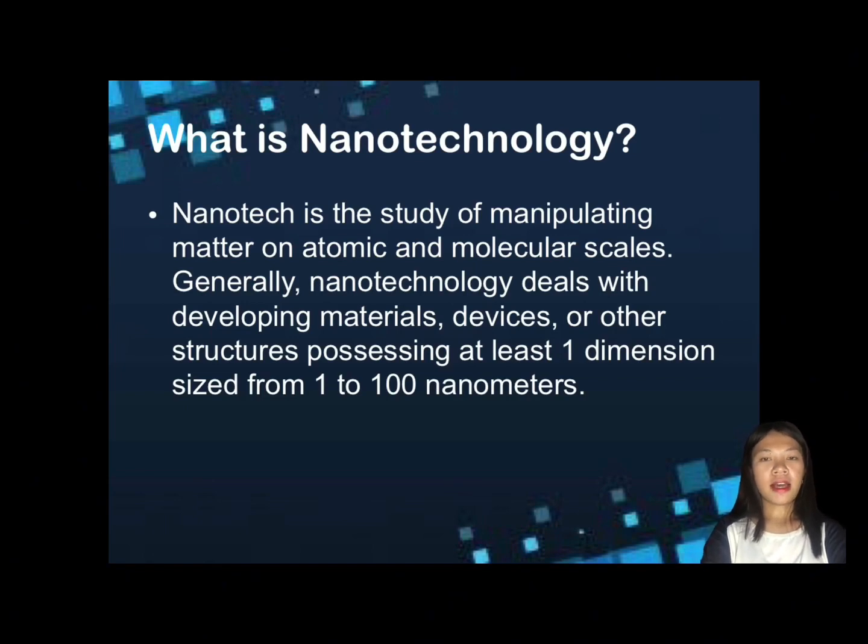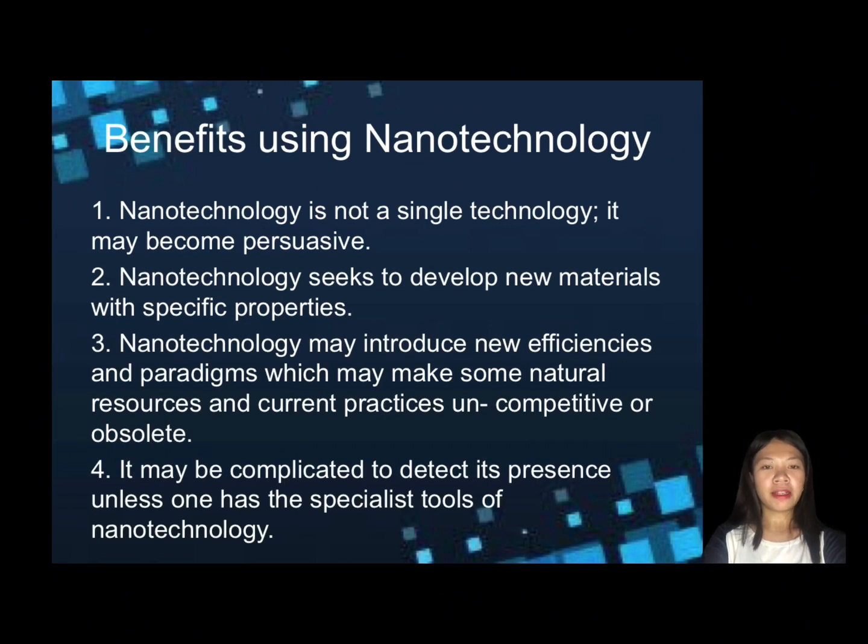Nanotechnology is the study of manipulating matter on atomic and molecular scales. Generally, nanotechnology deals with developing materials, devices, or other structures possessing at least one dimension sized from 1 to 100 nanometers. So it means nanotechnology is very helpful in different fields or structures in our lives, which helps people in making something easier and better than usual.